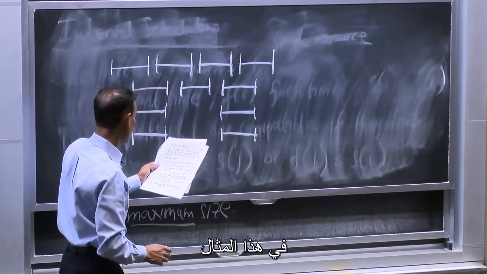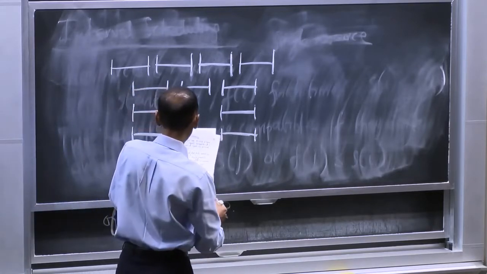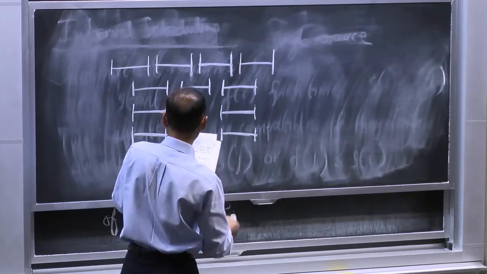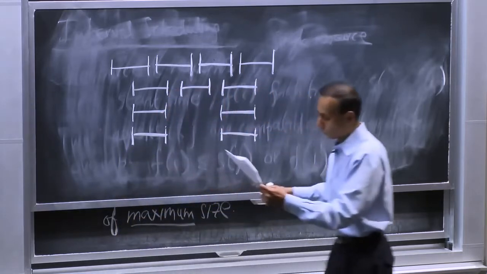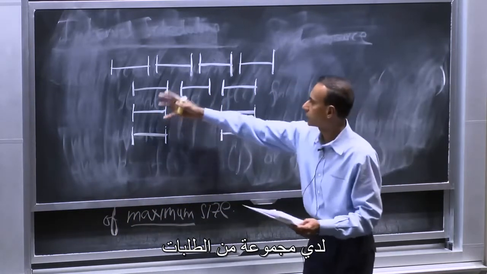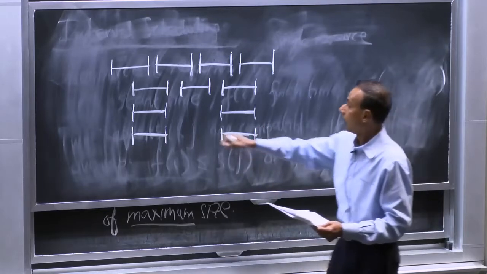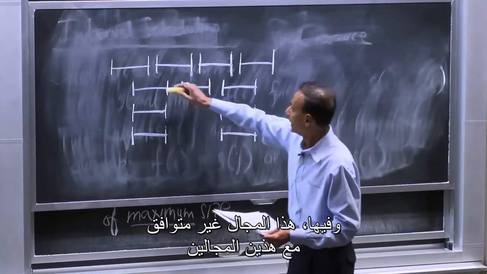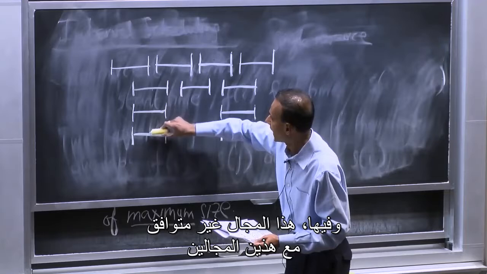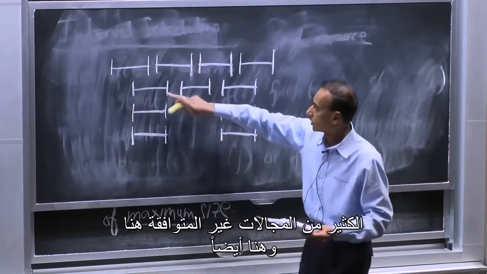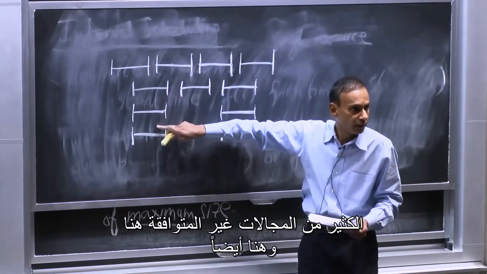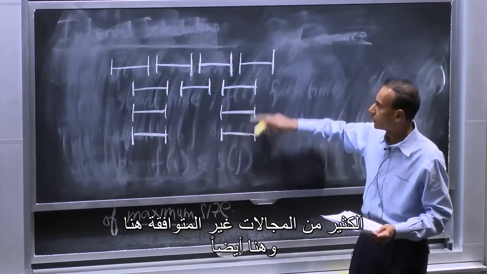So if you look at this, what I have here is just a bunch of requests, where this is incompatible with this and that and these two. So clearly a lot of incompatibilities for these, a lot of incompatibilities for these.